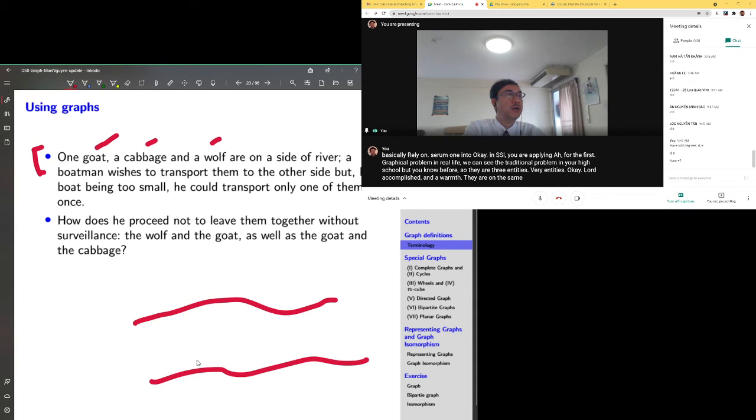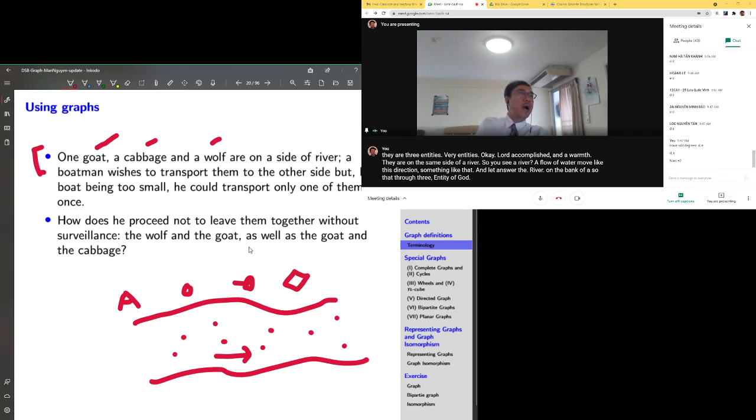So this is a river, the water flows in this direction, something like that, and on the left-hand side, the bank of the river A, there are three entities: a goat, a cabbage, and a wolf, okay?